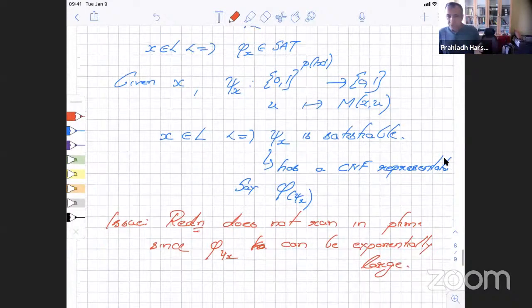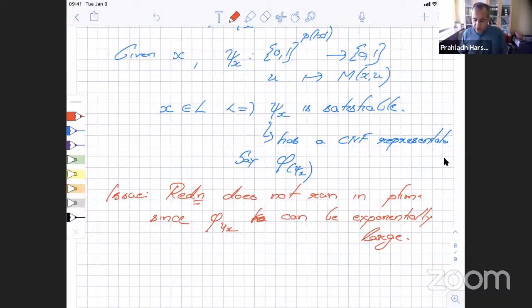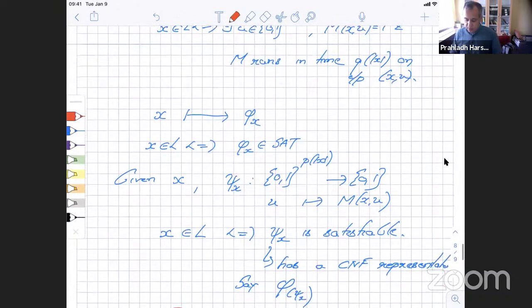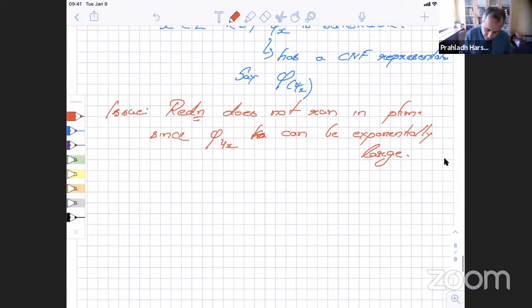But we should not have expected such a proof to work. We hardly used the fact that this phi is coming from a Turing machine which runs in polynomial time. We have to use that. This is true for any function, nothing to do with the fact that the Turing machine has this nice NP property, running in polynomial time. In particular, we haven't used the fact that M(x,u) is computable.